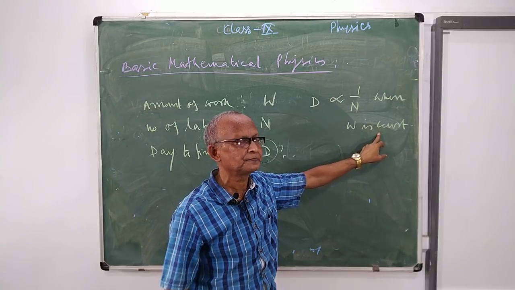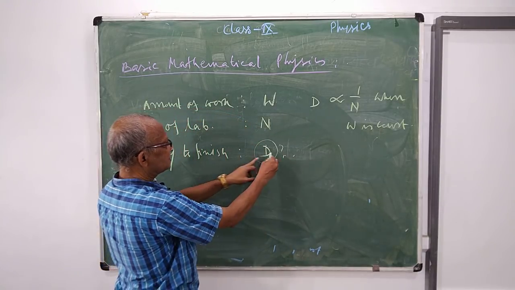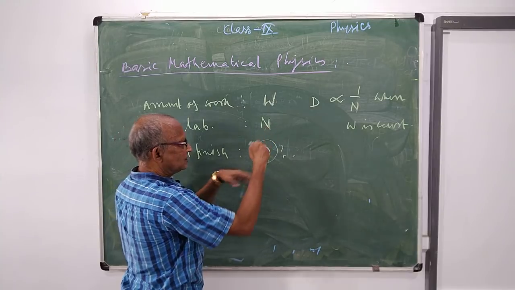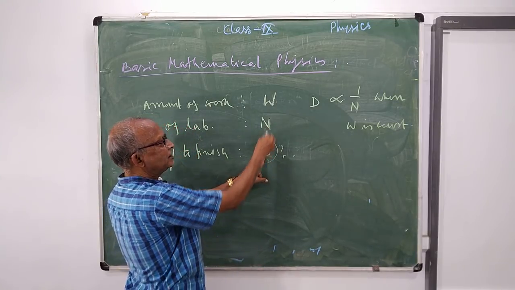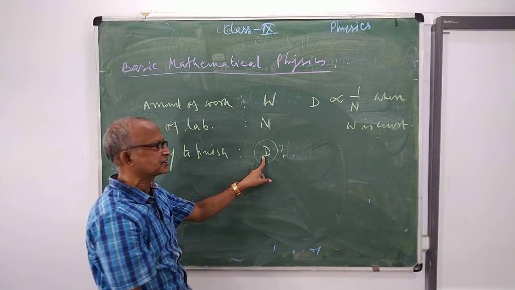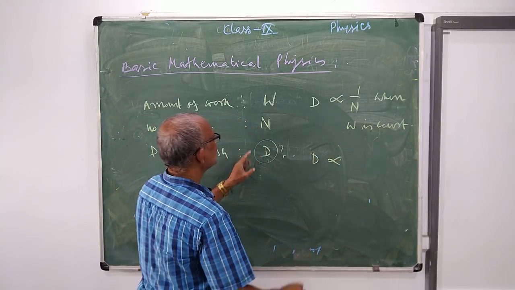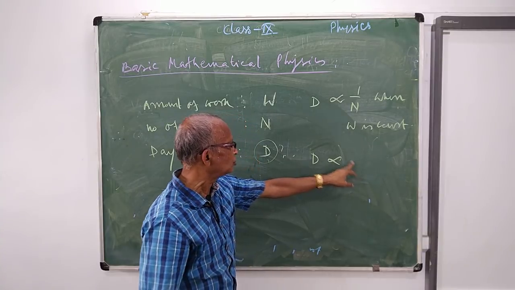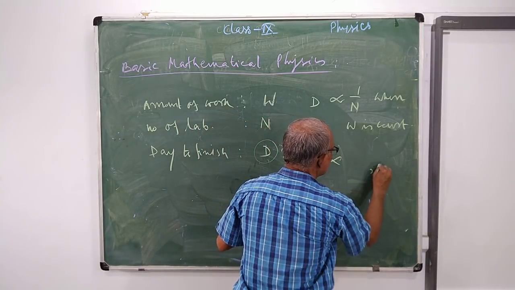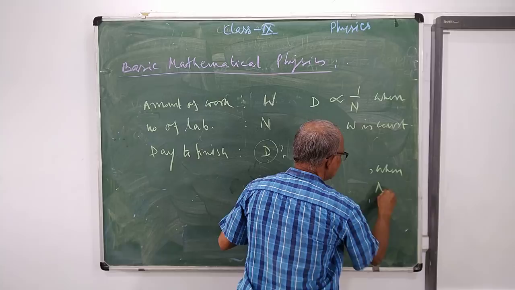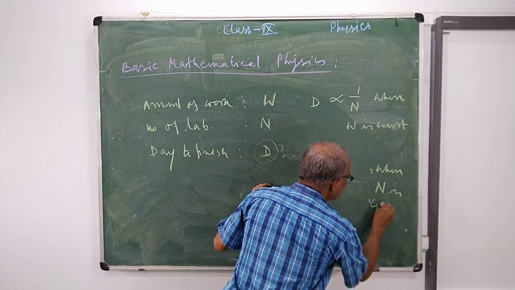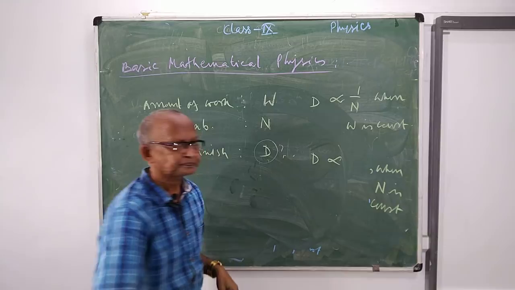So I have related D with N. In the same way, relate D with W, keeping N constant. So first, D proportional to W, but keep in mind when N is constant.